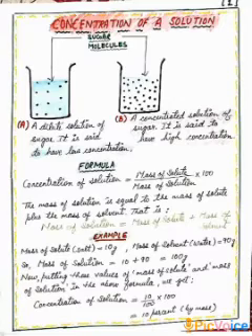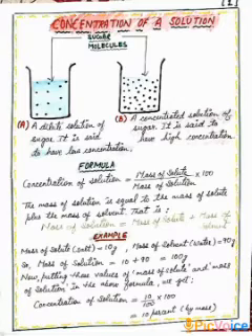It is known as a dilute solution. The solution having a large amount of solute is said to be of high concentration. It is known as a concentrated solution. See figure A and B.